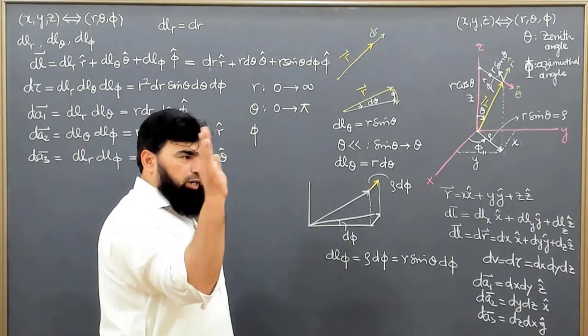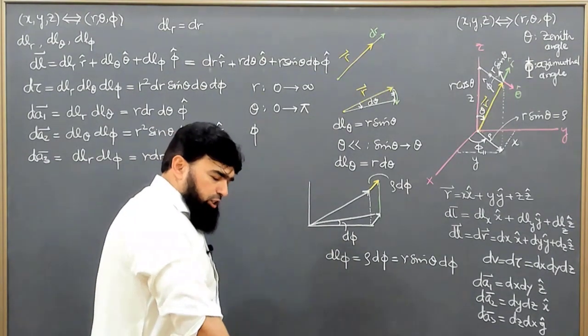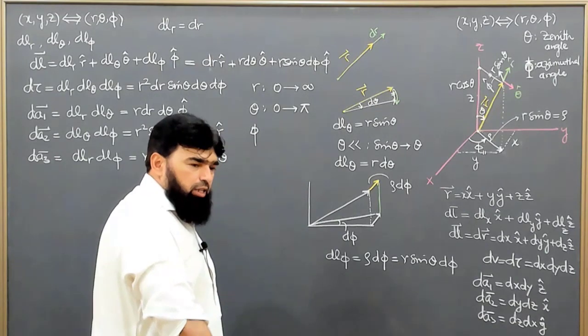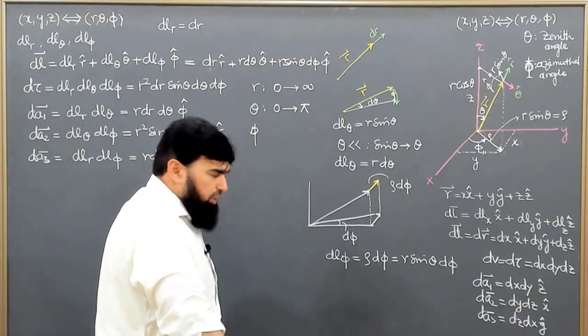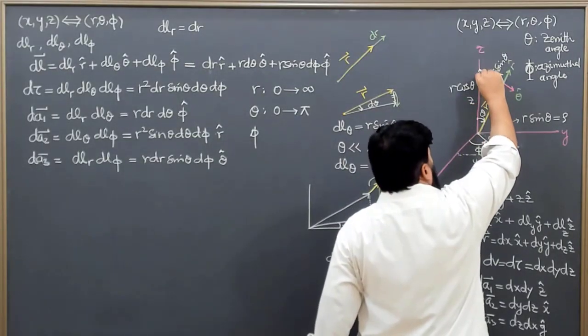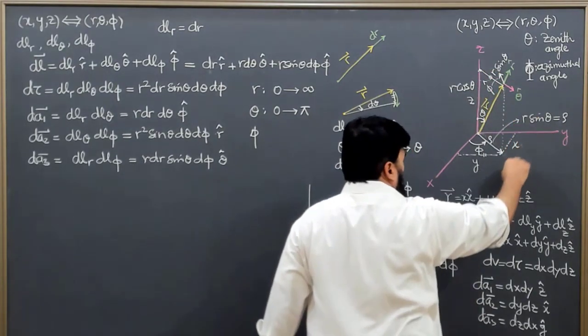It has made a quarter of a circle, and then again 90 degrees, pi by 2, so it is now pi. And what it has made is a semicircle, so it has gone like this. This angle theta starts from here, goes here, and reaches here.